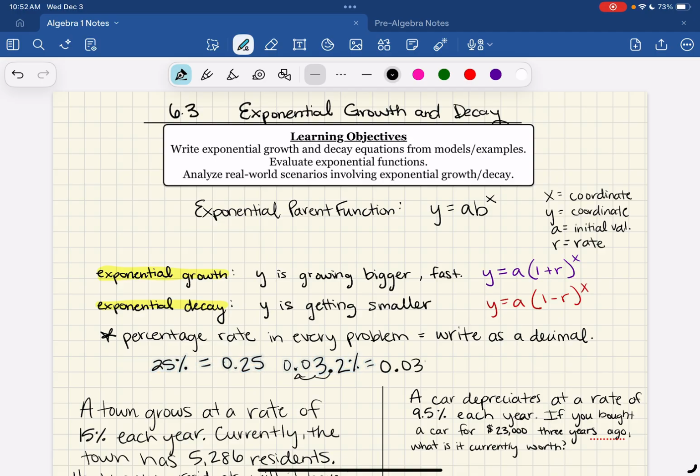It's not 0.32, that would be 32%. In this case, we have to make sure we're moving that decimal twice. So what would 105% be as a decimal? Good, 1.05. All right, that should hopefully be a refresher on turning percents into decimals. There we go.